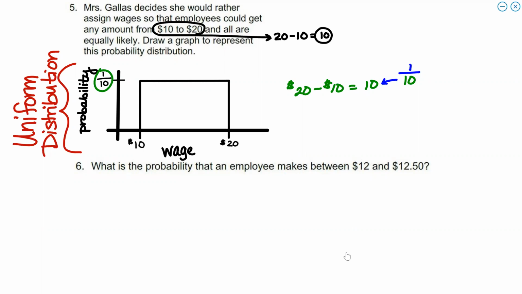So what we're going to do here to find the full probability that it's anywhere between 12 and 12.50, we're going to find the area in that section. Since all of them are 1 out of 10, if I had this, and that's 12, 12.50 is right here. We're going to find this area, and that will give me the probability.